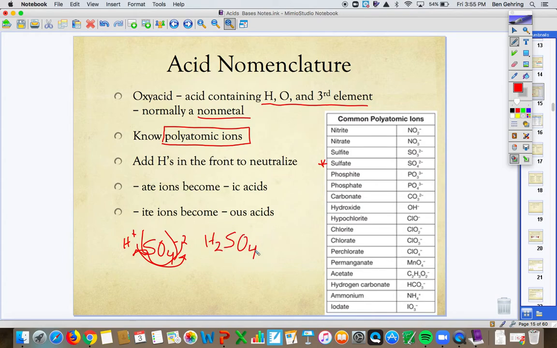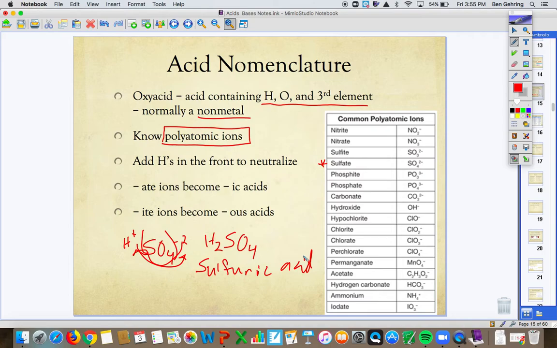So this is going to be your formula for sulfate as an acid. And because sulfate ends in ate, it's going to become an ic acid. So instead of hydrogen sulfate here, this is going to be sulfuric acid.